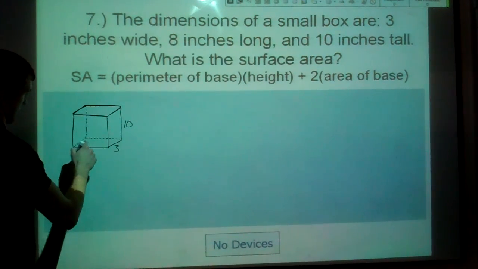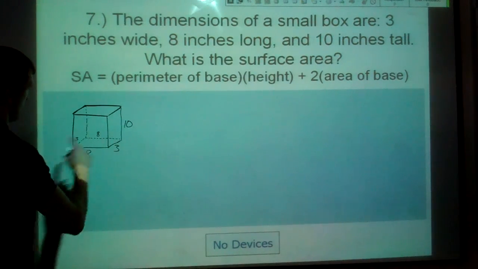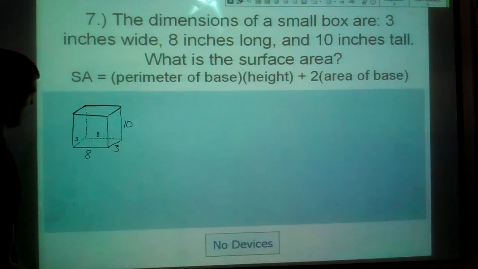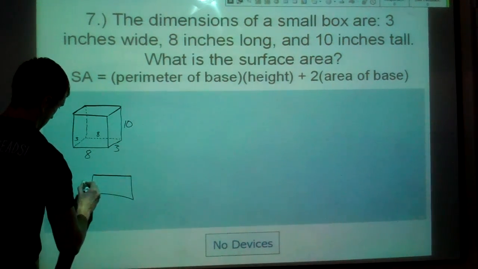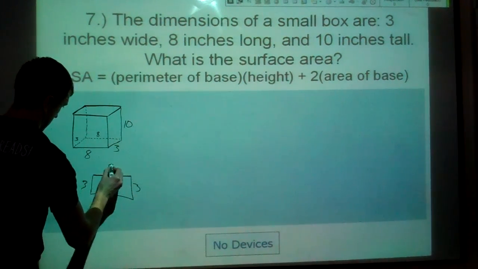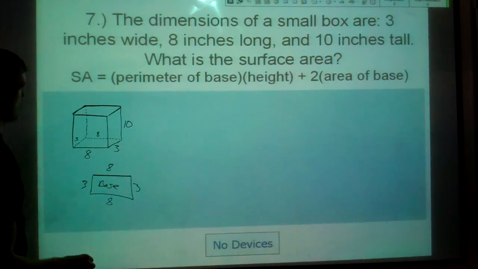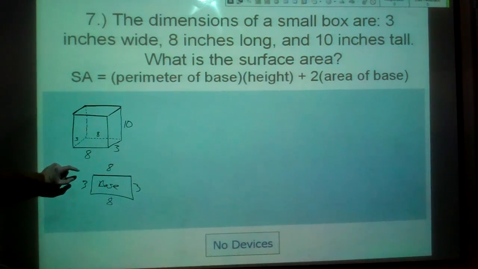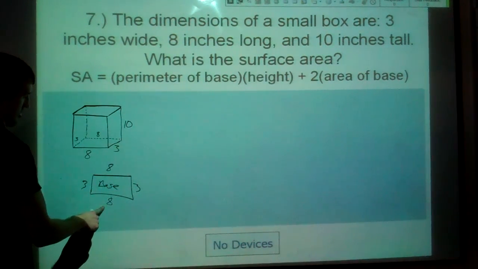Our base is a rectangle, a 3 by 8 by 3 by 8 rectangle. So the top view of our base looks like this. 3, 3, 8, 8. This is our base. Okay. Perimeter of the base. We just add up all of our sides, distance around. 3 plus 8 is 11.